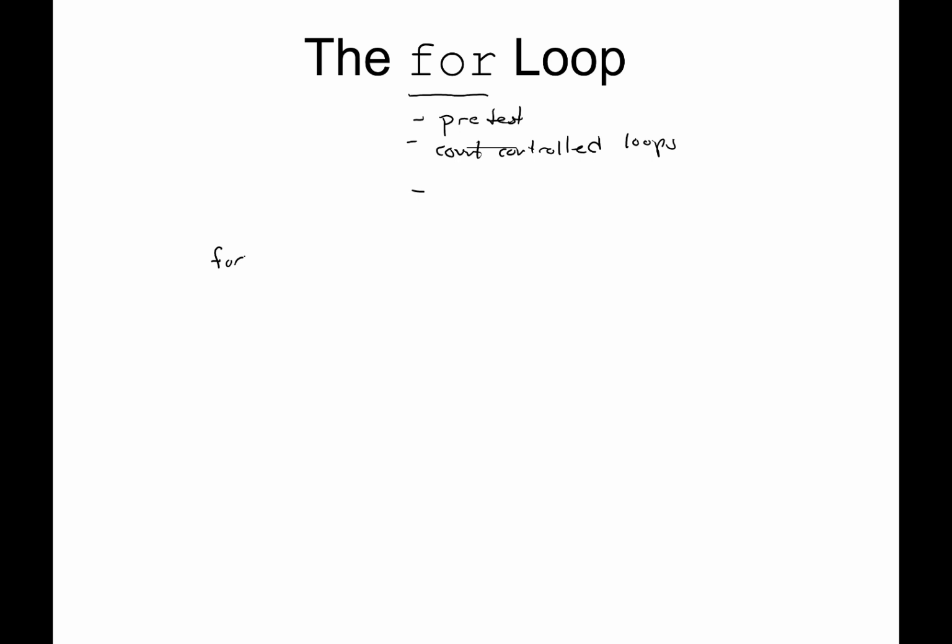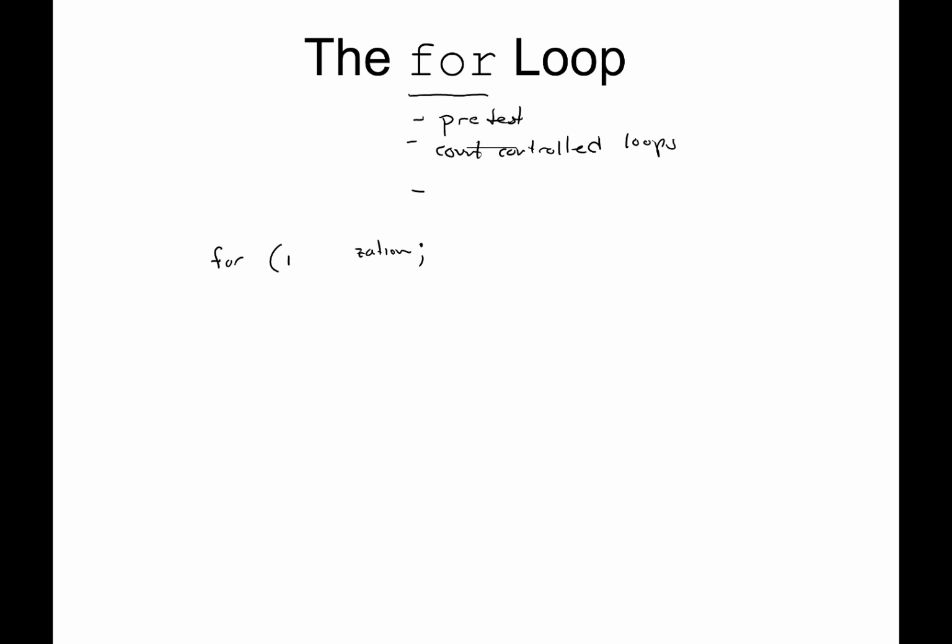Syntax for the for loop is, first of all, we have for, and then we're going to have a variable initialization here. So we're going to have basically our counter that we initialize here. I'm going to show you some actual code.